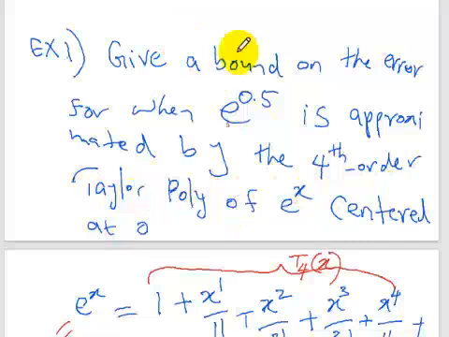So this time you are given the error bound, and we are asked to find the order of the Taylor polynomial.